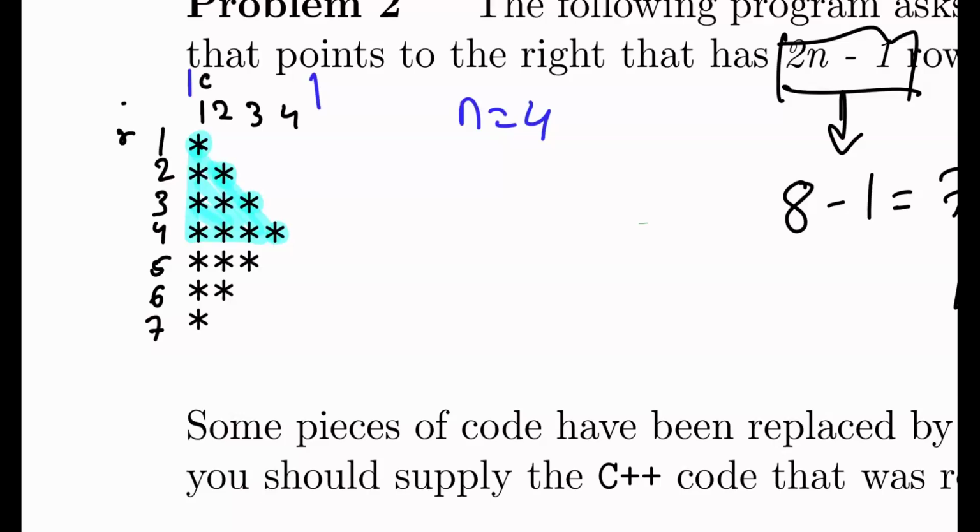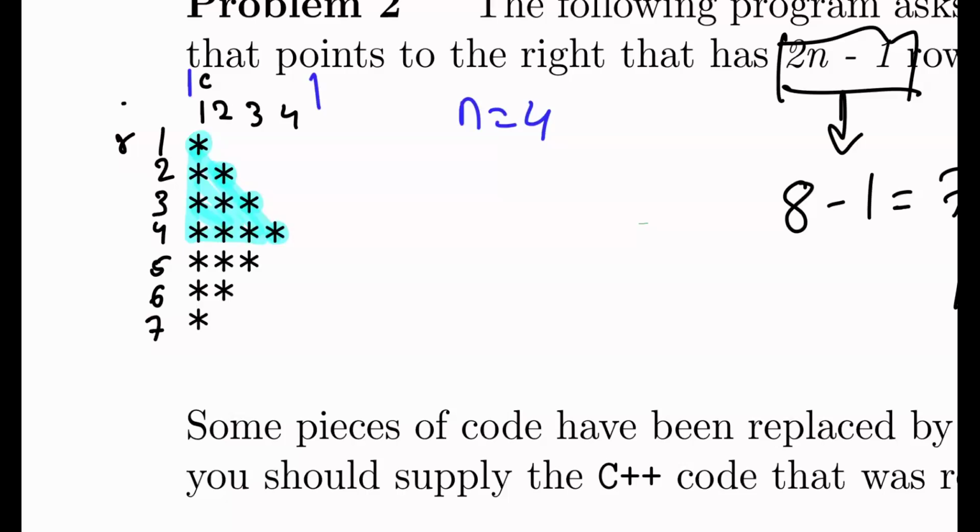So if the row is equal to the column, or if the row is greater than the column, because if the row is 4 and the column is 1, the row is greater.